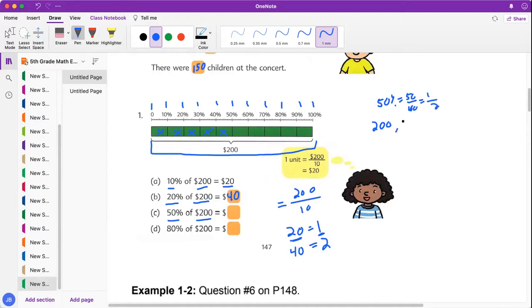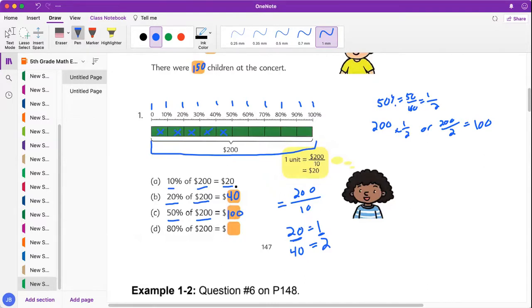So we can say times 1/2 or 200 divided by 2. You should get 100, right? Is that what you were getting at?